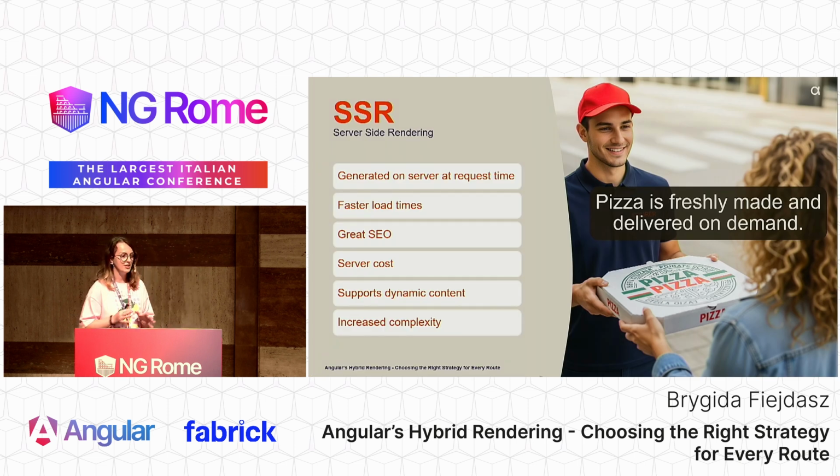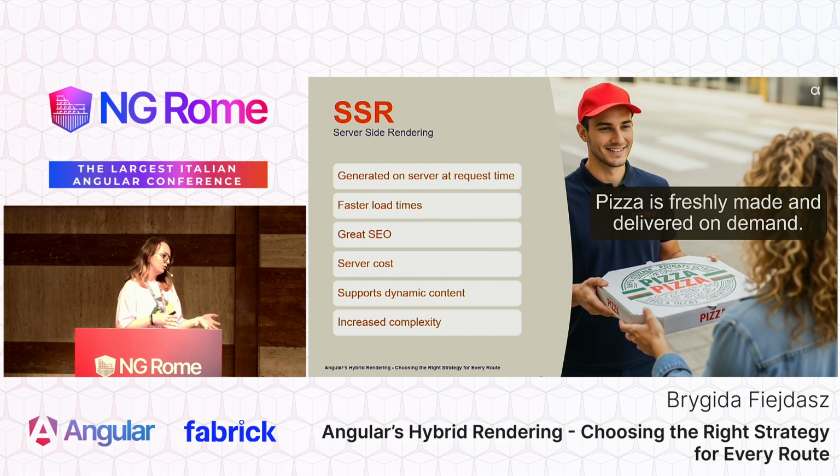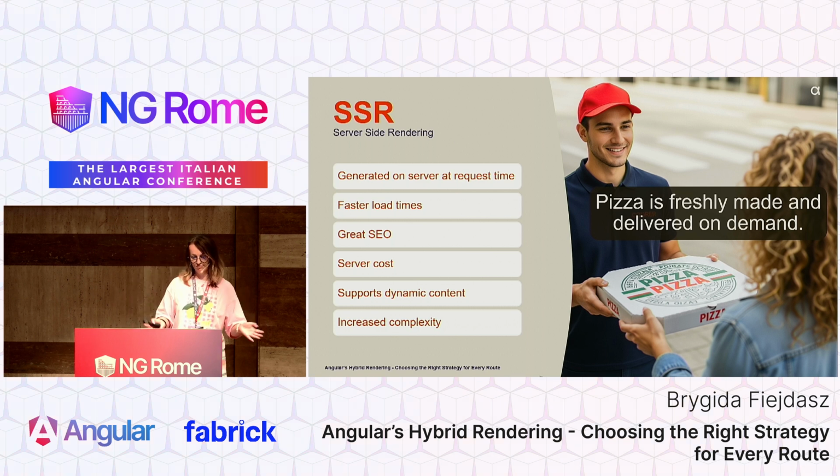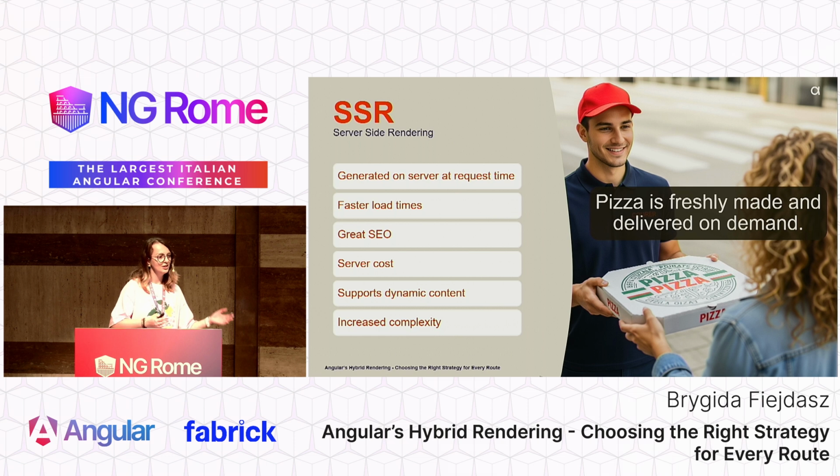So server-side rendering. This is like you want to eat pizza and you call and say, please, I want to order a quattro formaggi pizza. They prepare it and deliver it to your home. It is fresh and hot. This is almost the same as server-side rendering. A user requests a page, and on the server HTML content is generated and then sent to the browser.